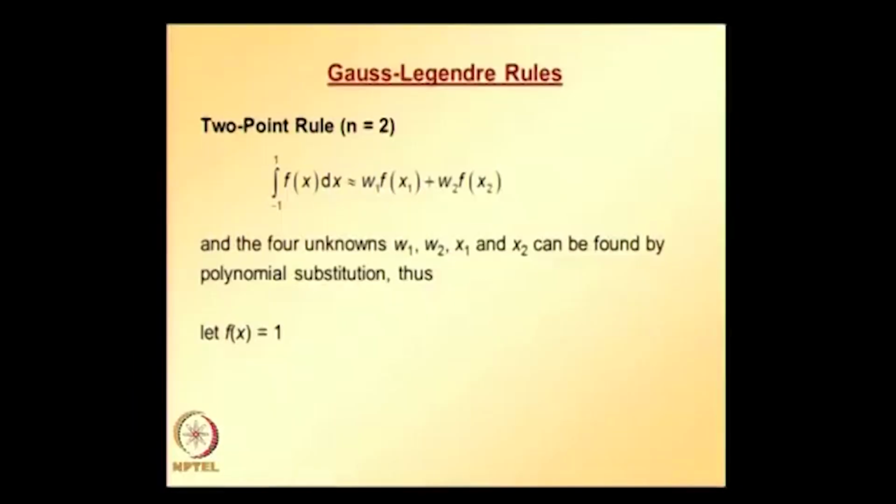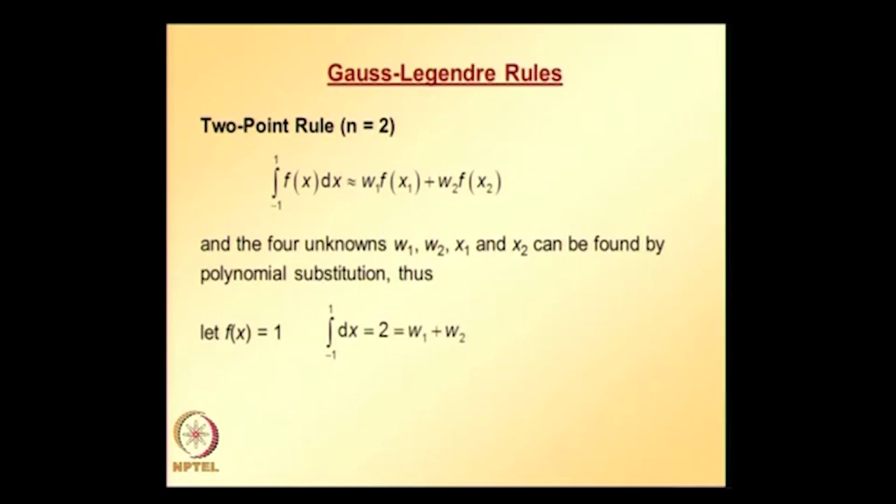So we will use the same logic as what we did for getting the weights for Simpson's rule. We need to get 4 equations. So let us start with f(x) is equal to 1, f(x) is equal to x, f(x) is equal to x square, f(x) is equal to x cube, and we get 4 equations.